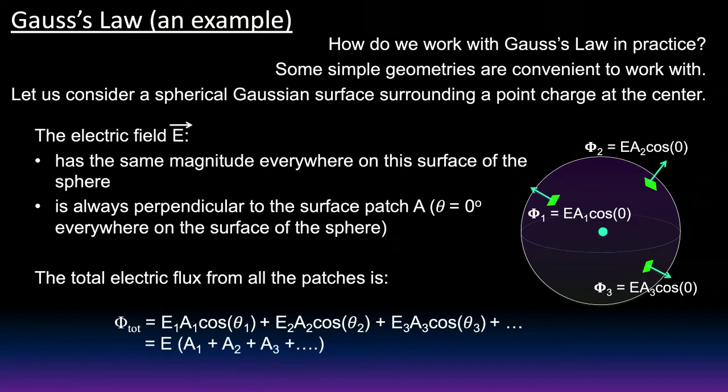And I could write, therefore, the total electric flux over all of the patches that make up the entire sphere as E times A1 plus A2 plus A3 on and on. And so the total electric flux over this entire sphere is just going to be equal to the strength of the electric field at the surface of the sphere times the total surface area of the sphere.